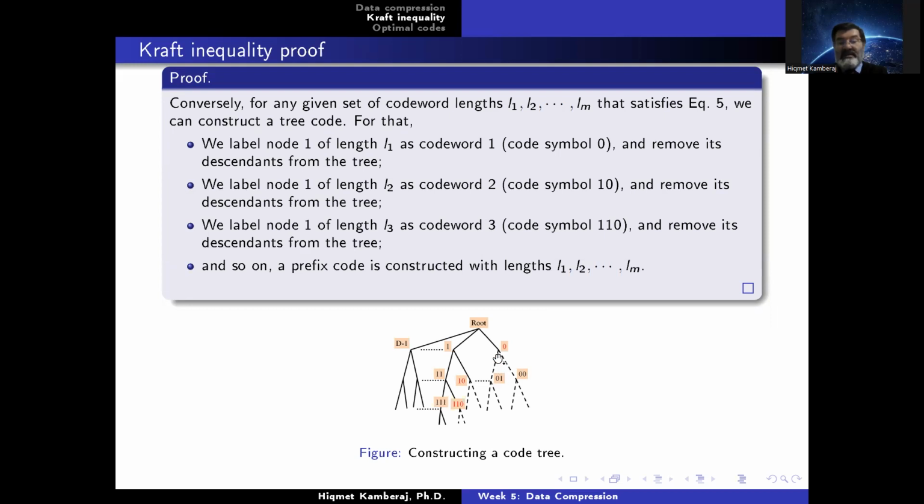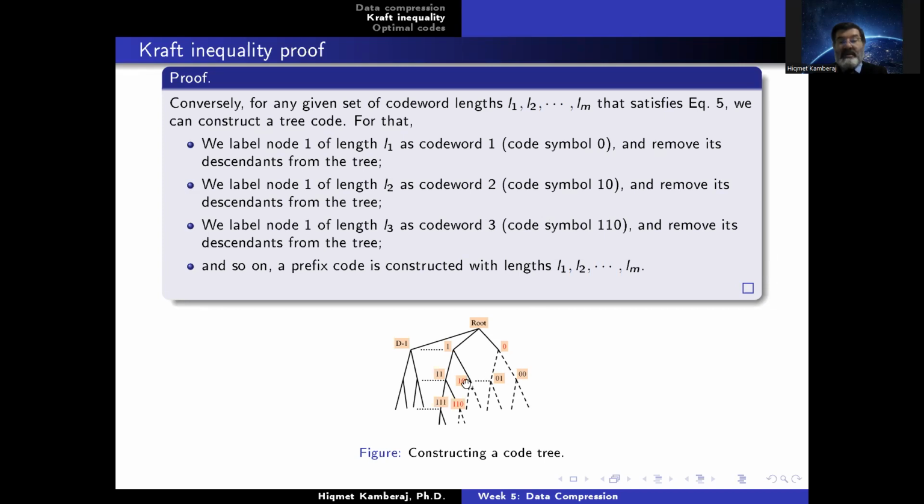So this means that all the descendants of 0, which are shown here with dashed lines, are removed. Then next, we label node 2 of length L2 as code word 2, which is the code symbol 1, 0, which is this one.